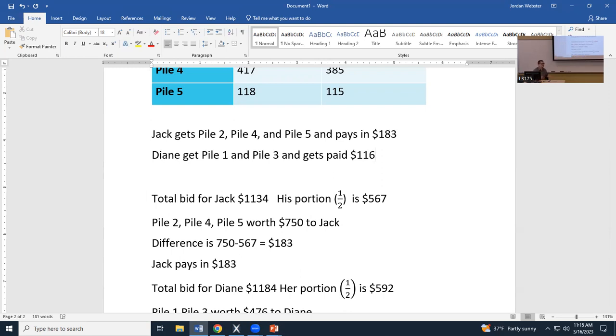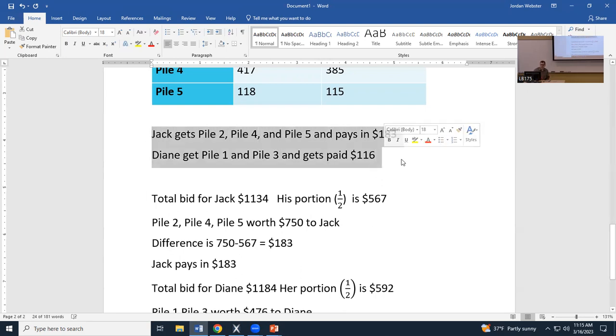Does that make sense? Now, at this stage, if just this happened, everybody would have their fair share exactly.